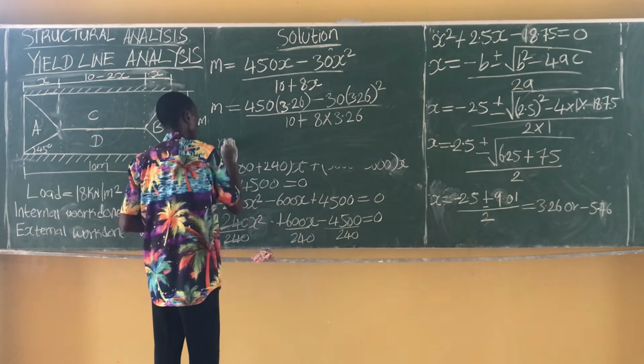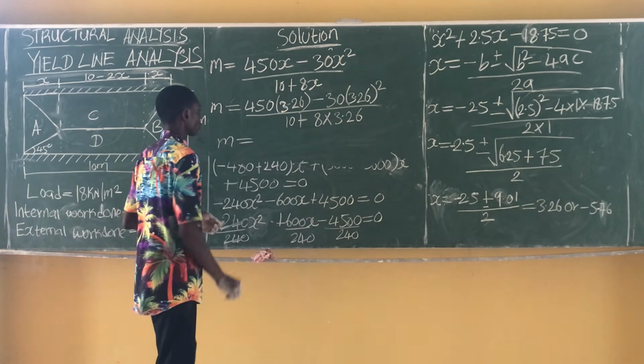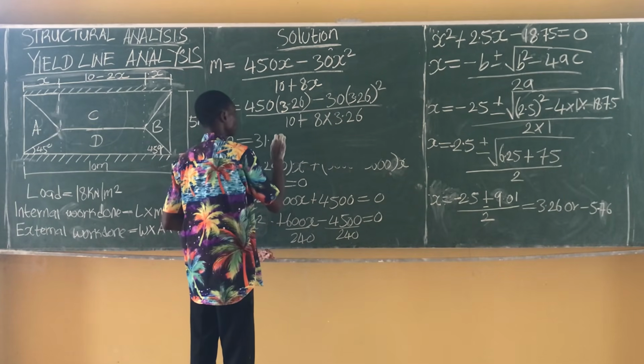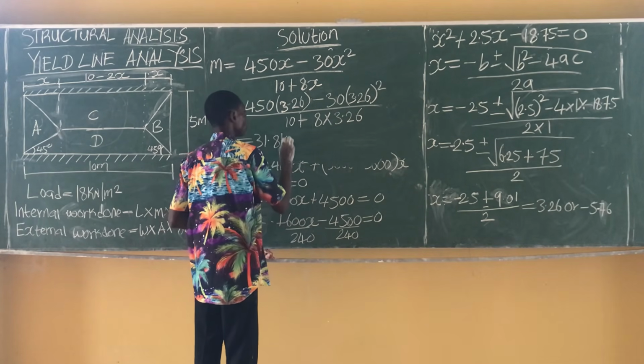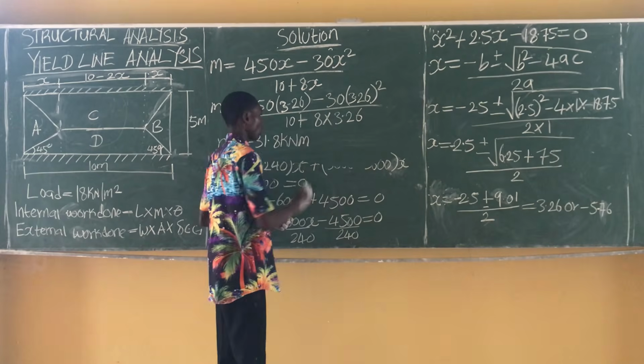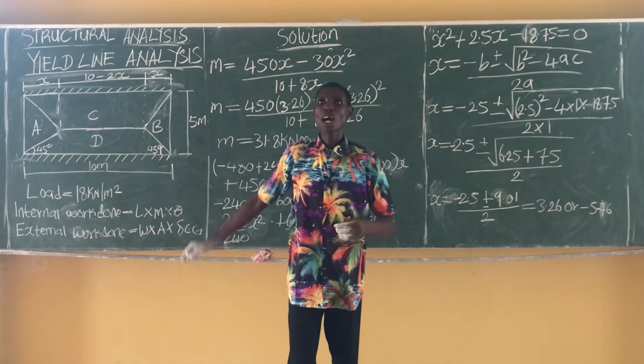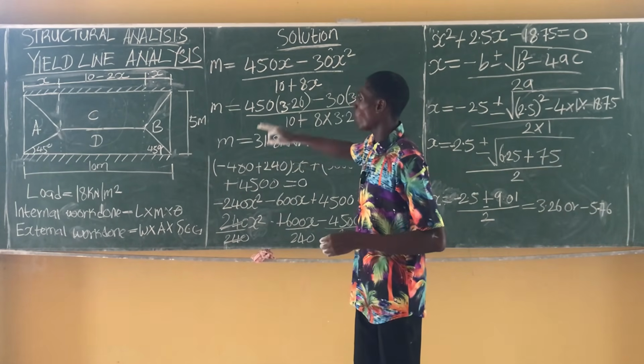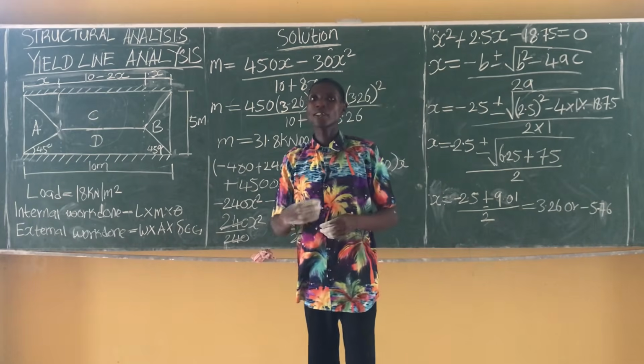Hence the value for our moment is 31.8 kilonewton meter. So for the given problem, this is how we determine our moment for our slab within the yield line analysis.